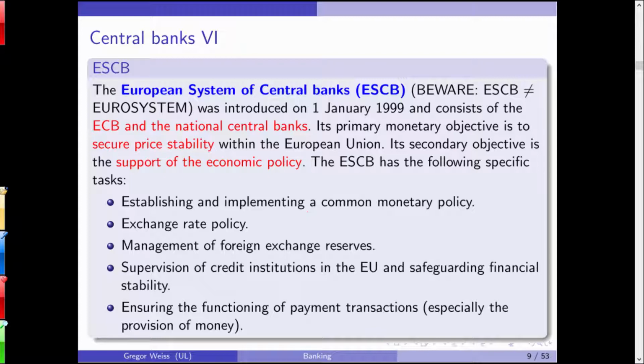It's very informative to look at the annual report of a central bank. As I've said, the usual accounting rules do not necessarily have to apply to central banks just in the way they do for commercial banks.